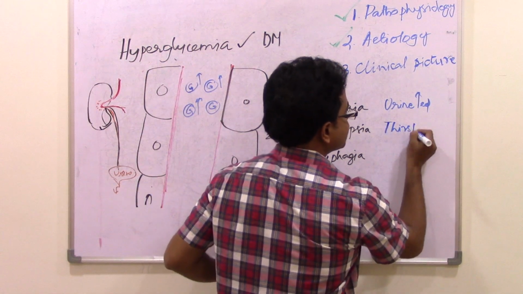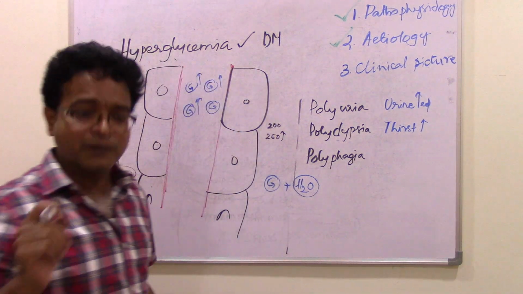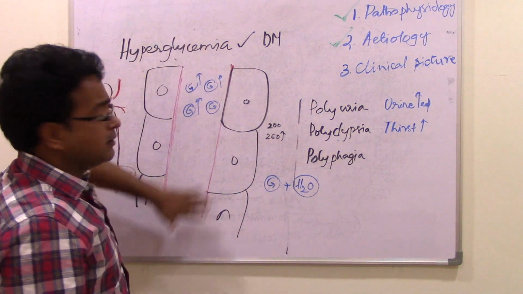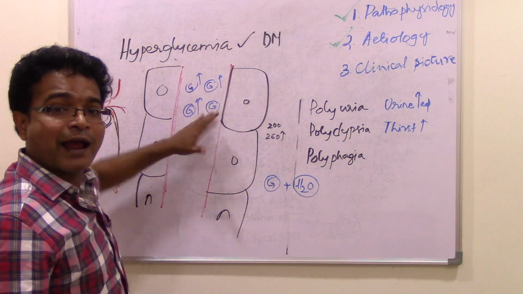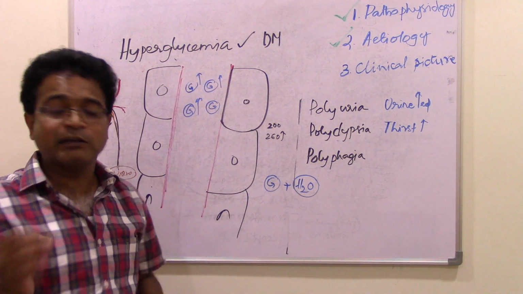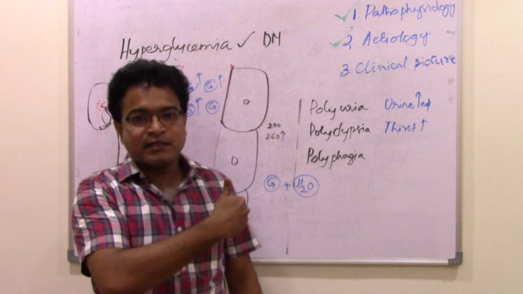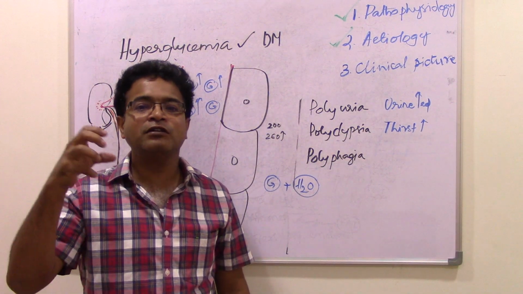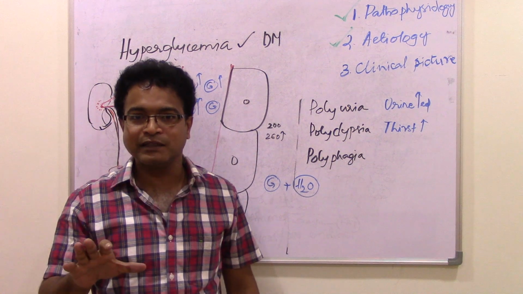So the thirst is increased. Now, as a result of this high glucose level and insulin impairment, remember we discussed in the previous class that the functionality of insulin is lost in type 2 diabetes.